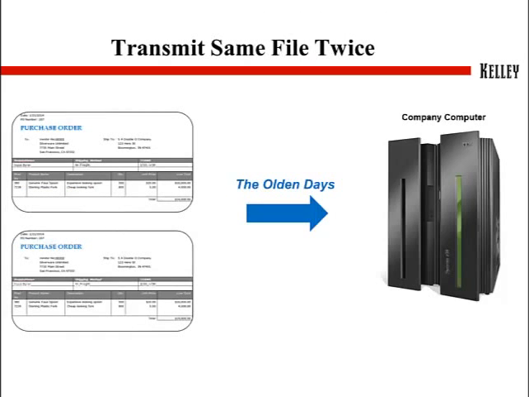Well, back in the olden days, about 40 or 50 years ago, computers sent two of the same file. So when the company computer would receive the purchase order files, it would compare them letter by letter, number by number, and if there was no discrepancy, then it would assume that the transmission went successfully and there was no alteration of the purchase order.